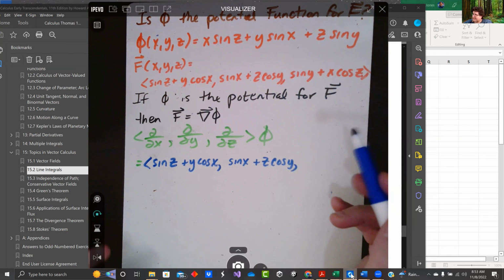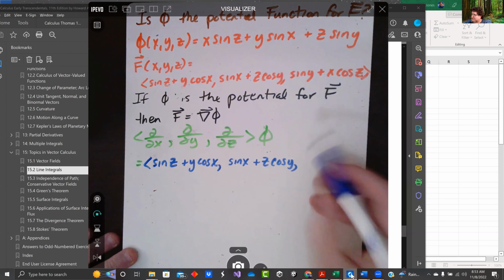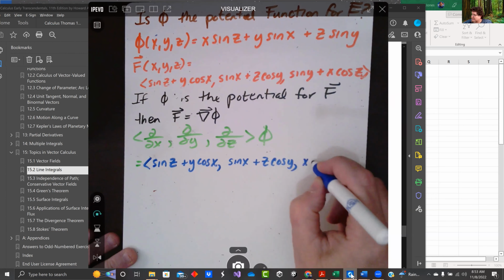And when we do ddz, the first term's got a z in the sine, so that's going to be x cosine z. The second term doesn't have a z, so it goes away. The third term has a z, and this just becomes sine y.